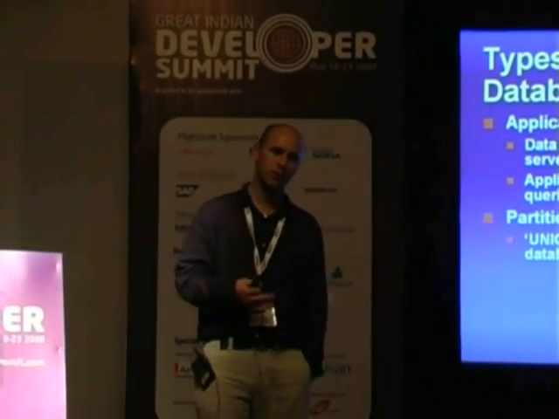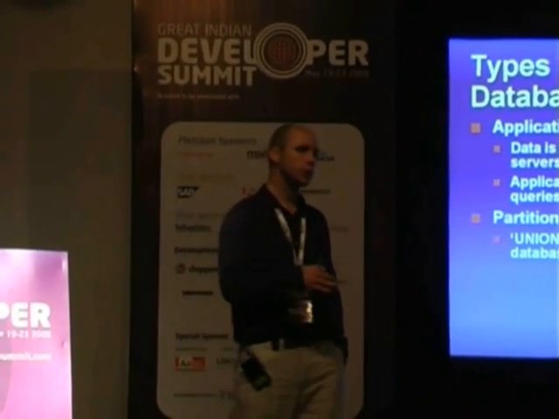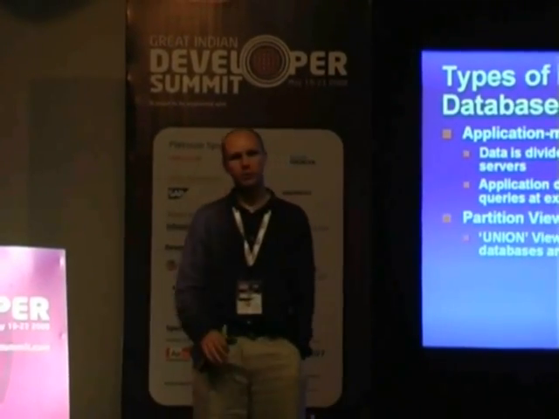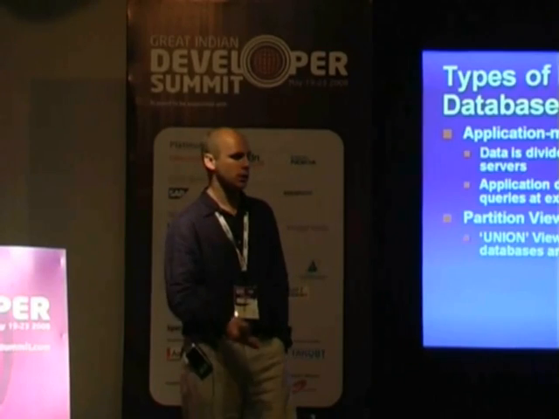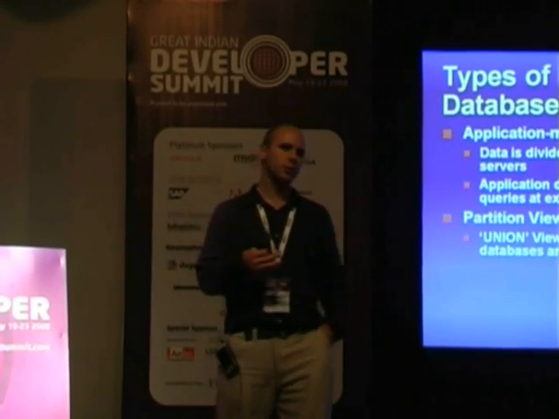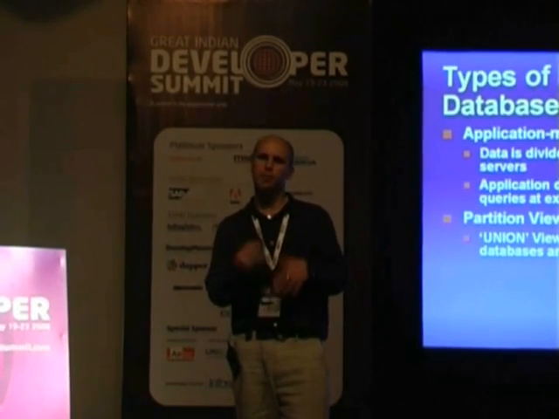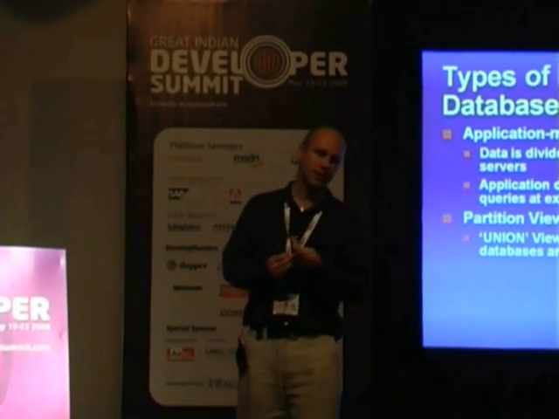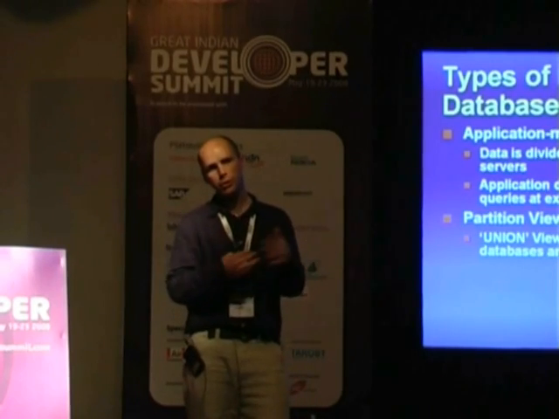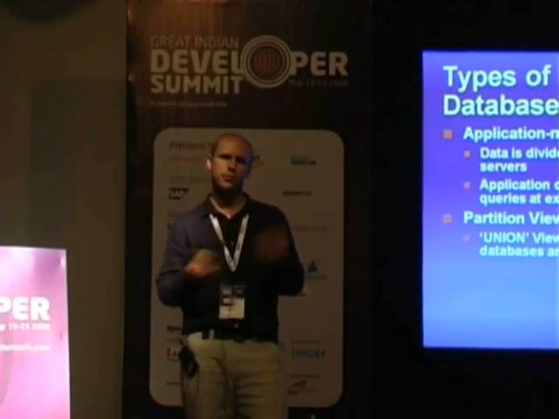There's also the concept of distributed partition views, or just partition views, in SQL Server 2000 and earlier. It's still included in 2005 and will be in 2008 as well, whereby you basically create multiple physical tables that match each other structurally to some degree, and then you union those tables together through a view.